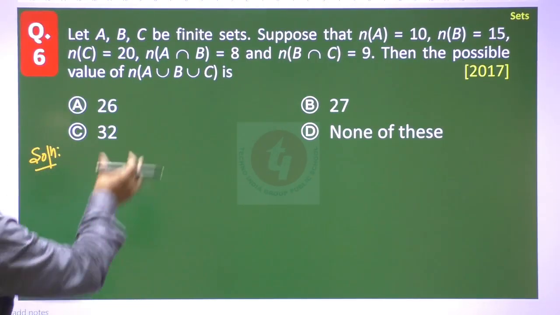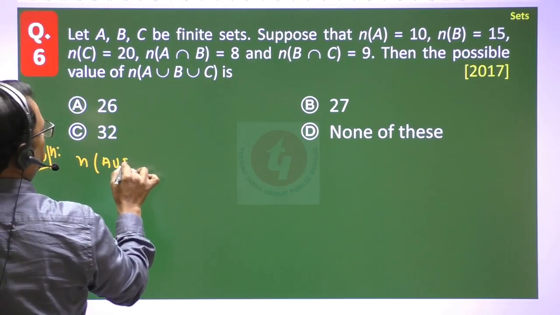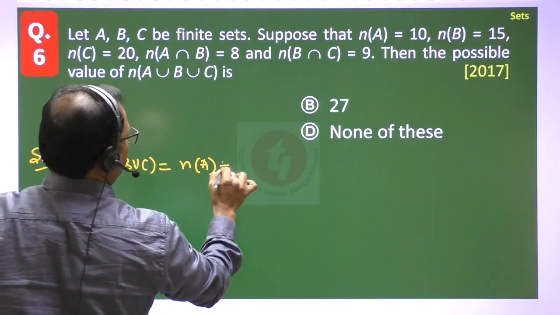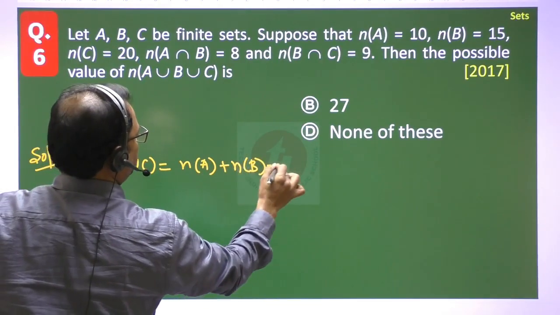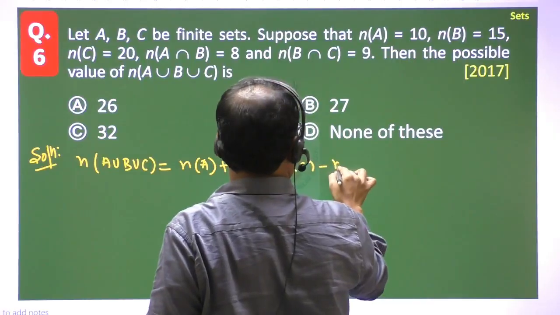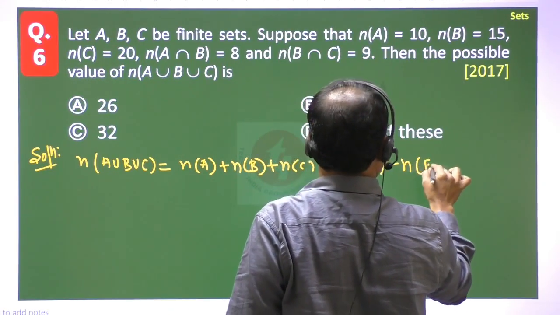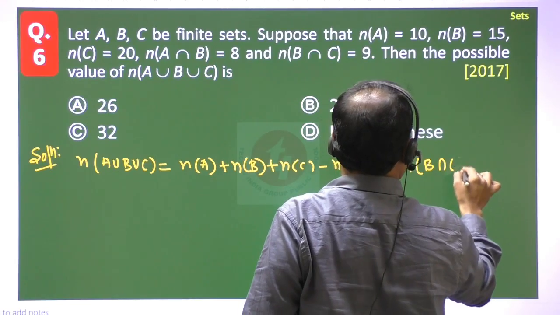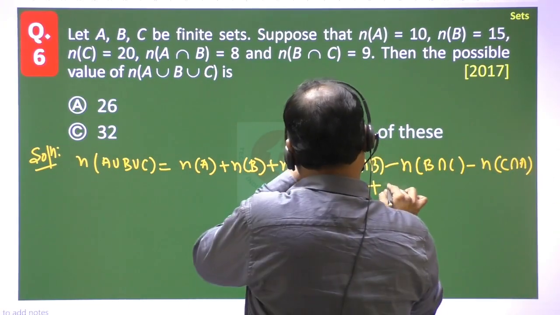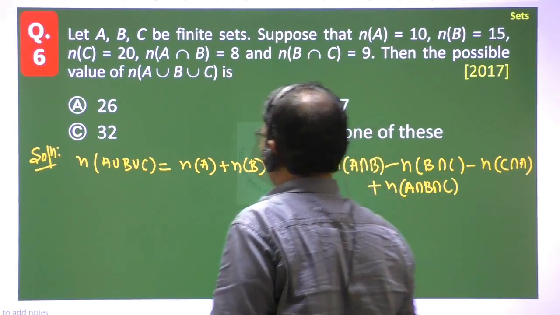Okay, now we have one formula regarding this one, n of A union B union C. What we have is n of A plus n of B plus n of C minus, of the intersections together, A intersection B, B intersection C, and then C intersection A, and then plus n of A intersection B intersection C, like this one, okay?